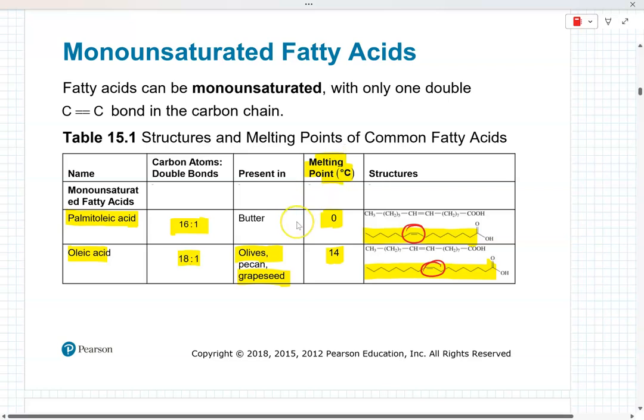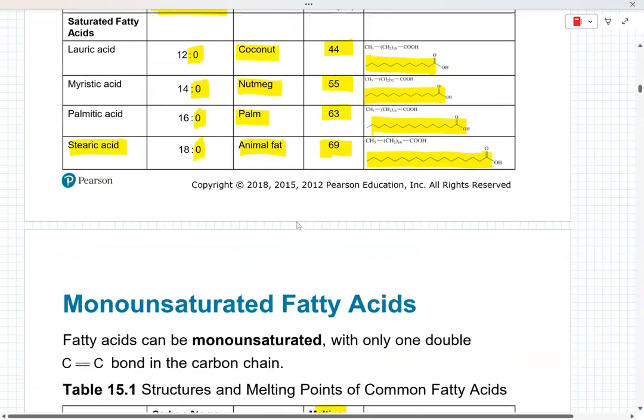Am I making sense? So most fatty acid molecules found in butter are molecules of stearic acid. Do you follow? Depending on the ratio, you're going to have liquid oil or solid fat. Does that make sense? Okay, good.